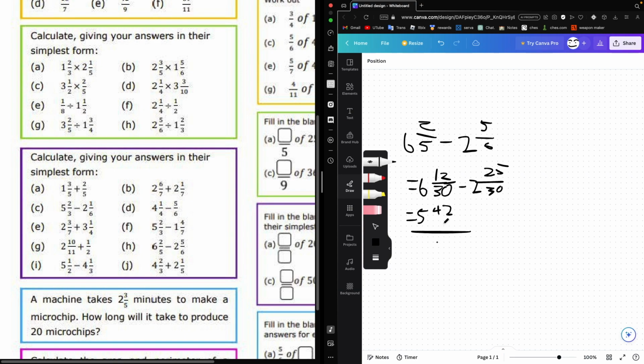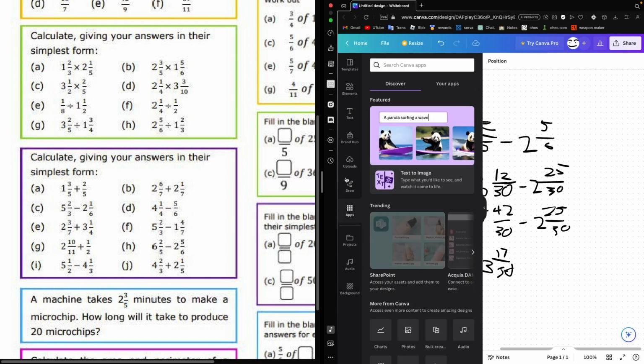Oh, what am I doing? 42 over 30 minus 25 over 30. 5 minus 2, 3. 42 minus 25 is 17, and we have 30 here, and 17 is a prime number, so we cannot make it smaller. Oh, whoa.